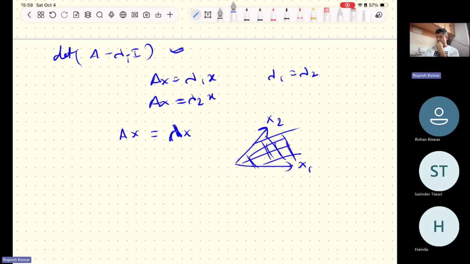Okay, so what I am thinking is, let's say you have some eigenvalue, and you are stretching in two different directions, and in both directions the vector is stretched by the same amount, right?